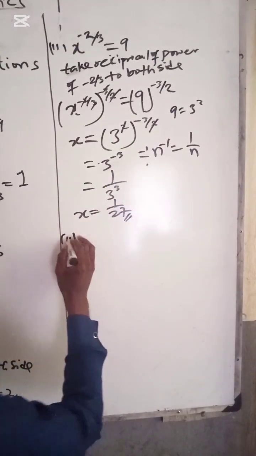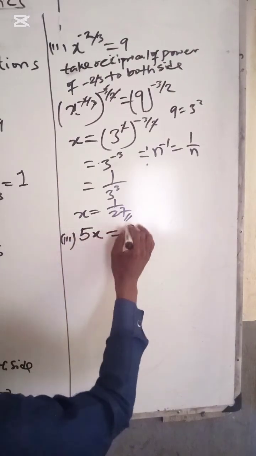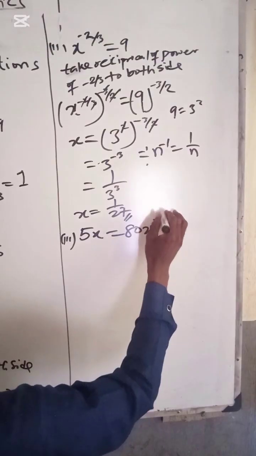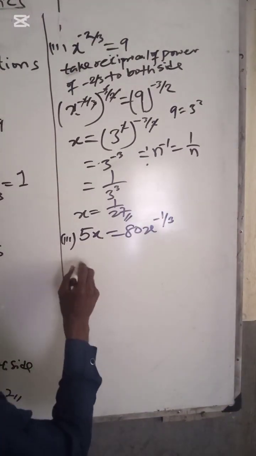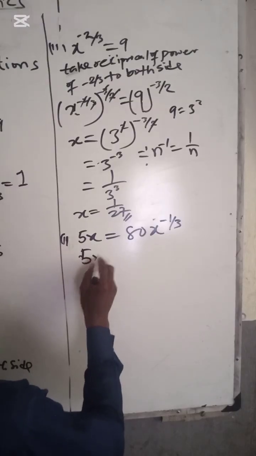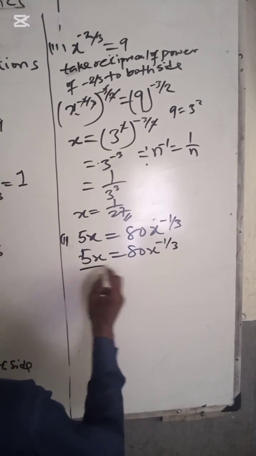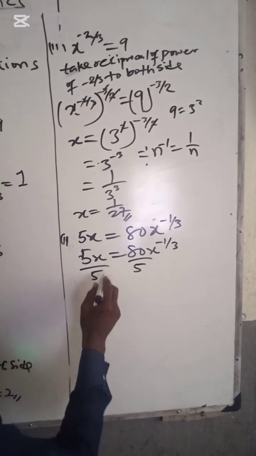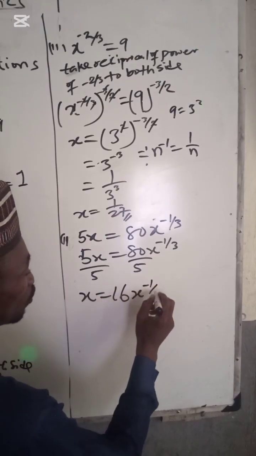The third question is saying what? The third question says 5x is equal to 80 x raised to power minus 1 over 3. We have 5x equals 80 x raised to power minus 1 over 3. So dividing by 5, you have x equals 16 x raised to power minus 1 over 3.